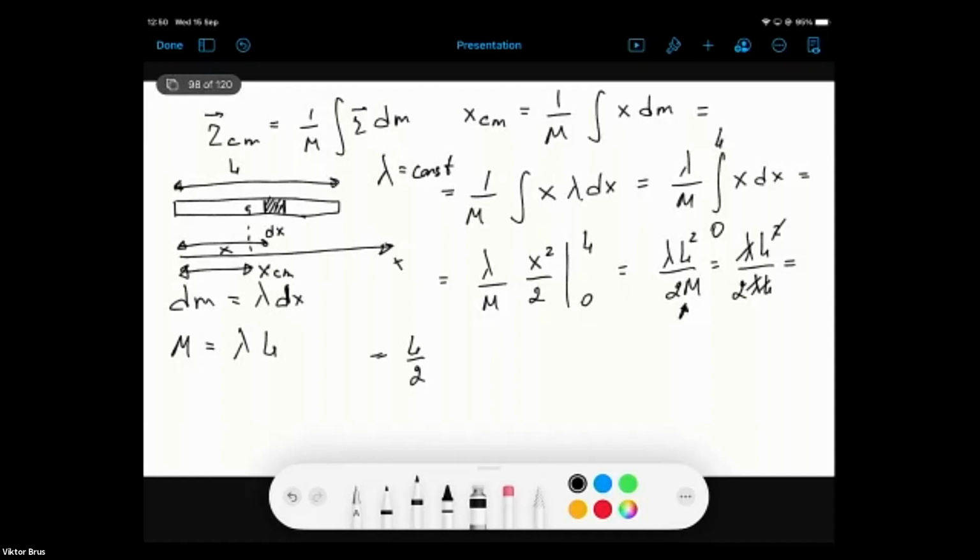The next example, which we will consider on Friday, will be the case when lambda is not constant and depends on x. So obviously that will change the situation and make it a bit more interesting. Okay, this is everything I wanted to tell you for today. We initially discussed some examples of collisions in two-dimensional space and introduced the concept of center of mass.